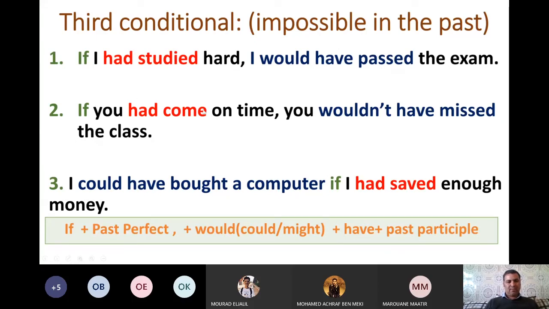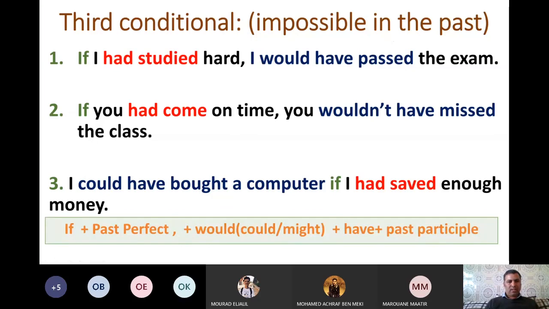If you had come is the past perfect, plus wouldn't have, plus past participle. Here in the place of would, we used could. We can say I would have, I could have, I might have bought a computer if I had saved enough money. For the use, we use this to express impossible things in the past.